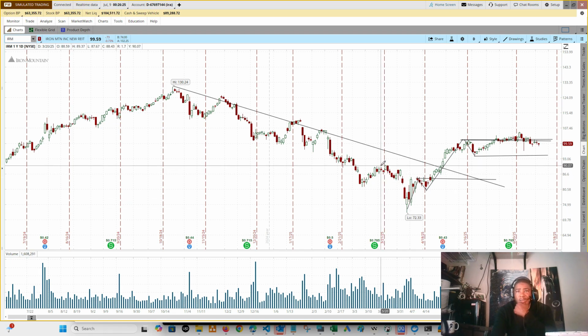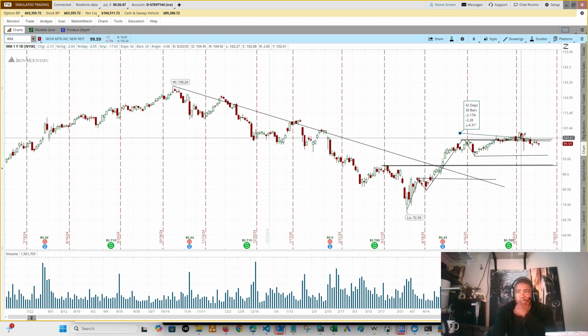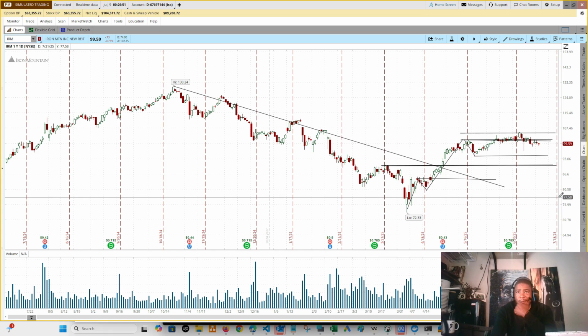But if I was to bet for a place where it wouldn't go below, I definitely say it wouldn't go below this price here, which is 89.68. And the fact that the bears and the bulls are just kind of fighting over that mill, I think that I definitely would sell a put here.